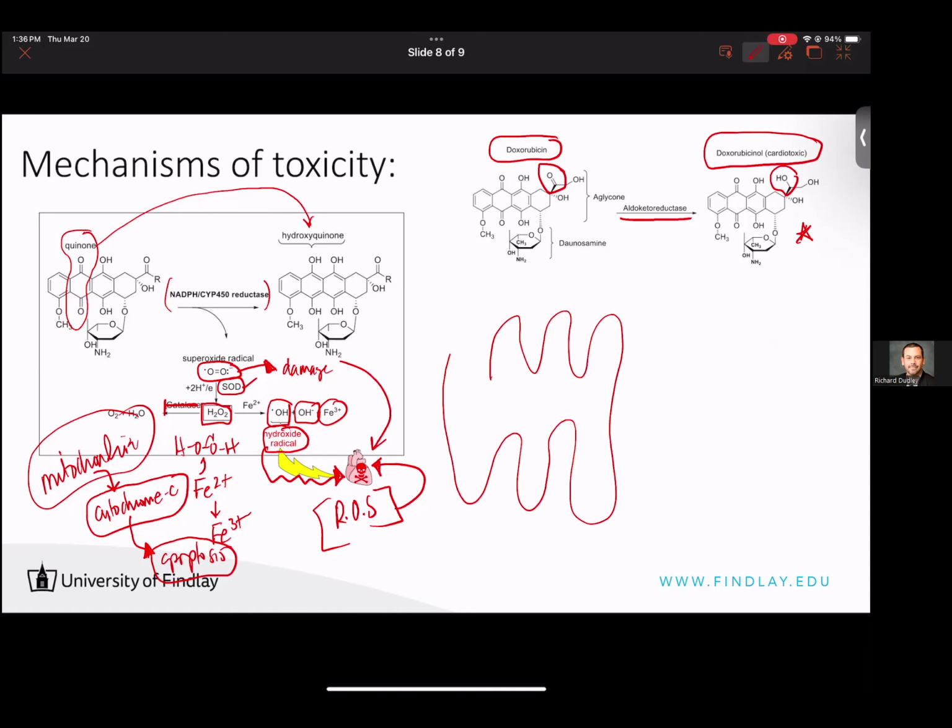So if this is the sarcoplasmic reticulum, for example, inside a cardiac myocyte, when an action potential signals in the cardiac myocyte, there's a receptor embedded in the sarcoplasmic reticulum called the ryanodine receptor.